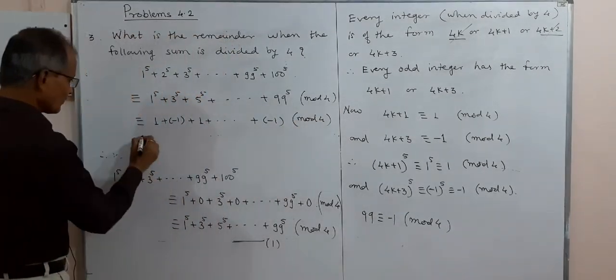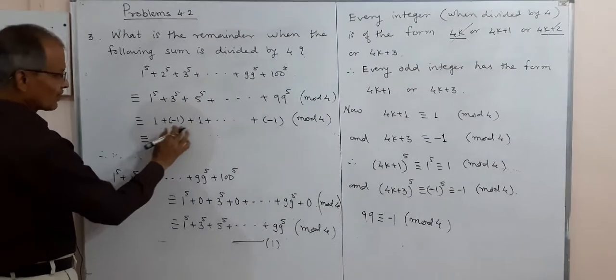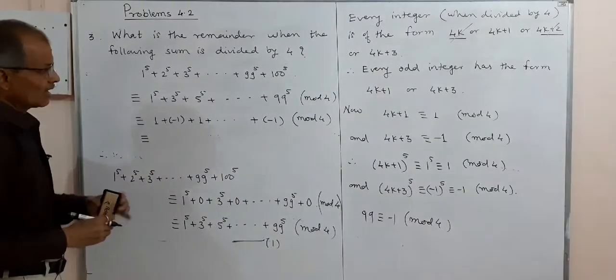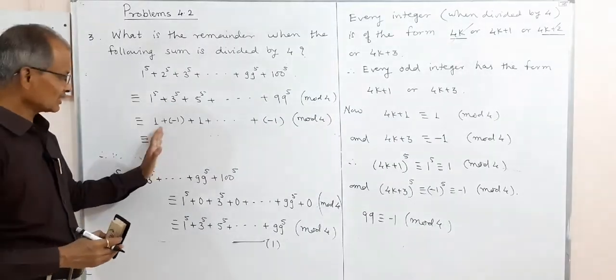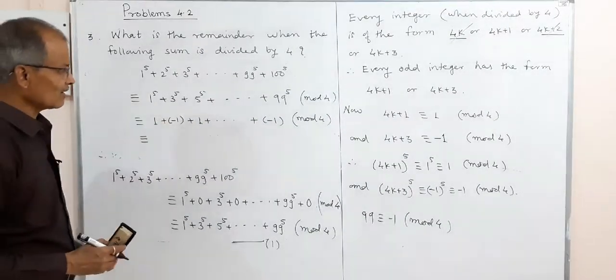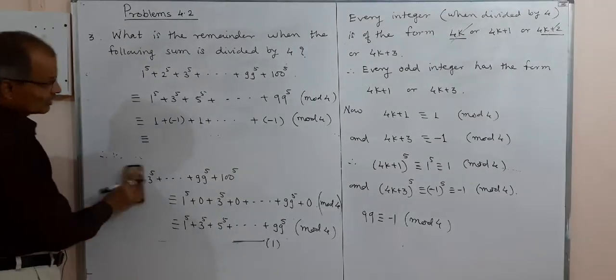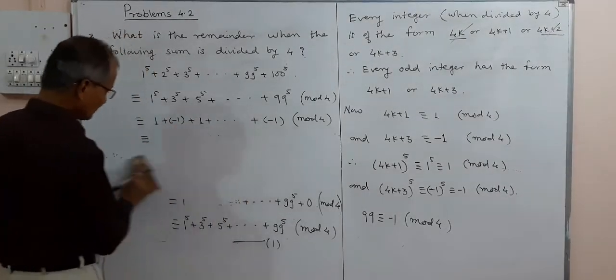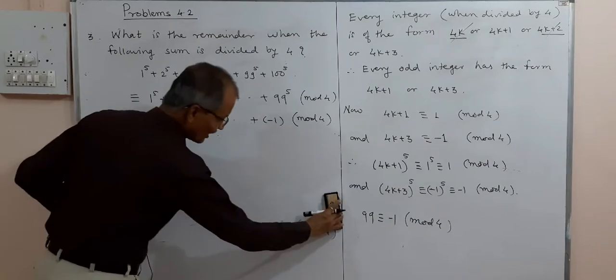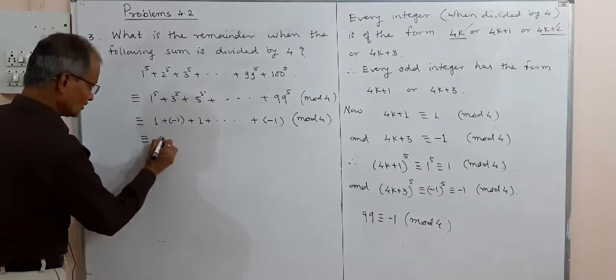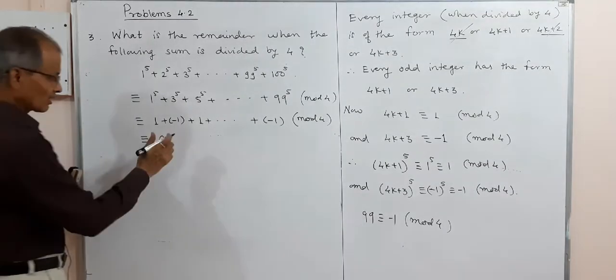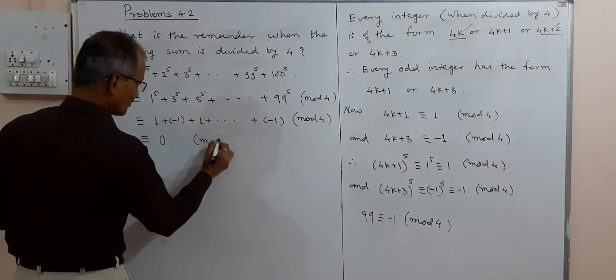So therefore, now this is the sum. Exactly 50% of these are plus 1 and 50% of these are minus 1. So these are total 50 numbers, 25 are congruent to plus 1 and the remaining 25 are congruent to minus 1, and therefore this sum becomes 0 under congruence mod 4.